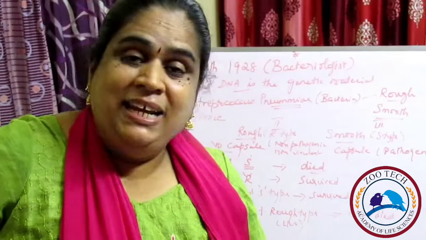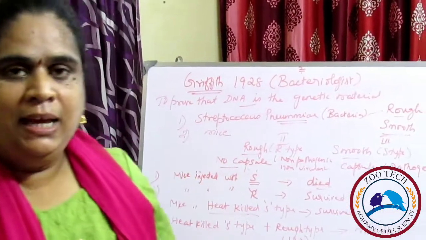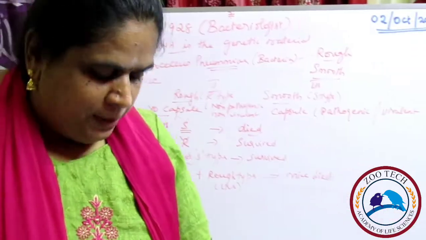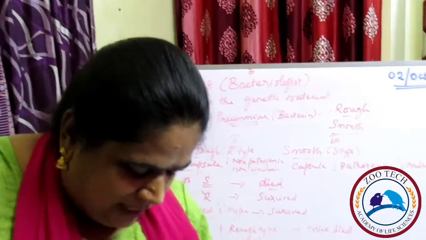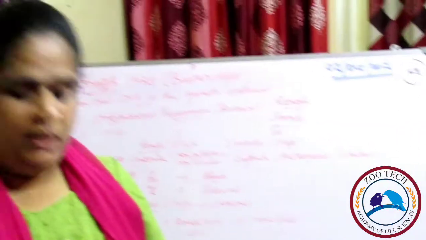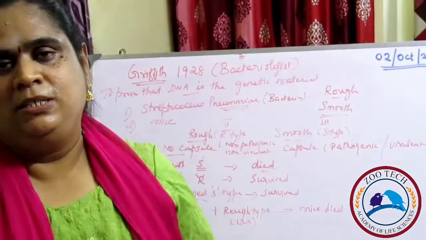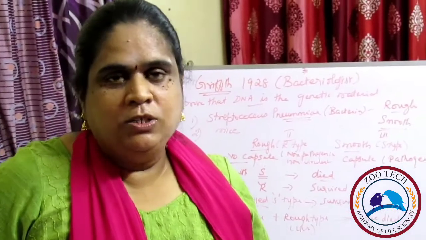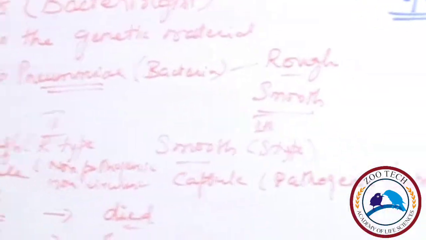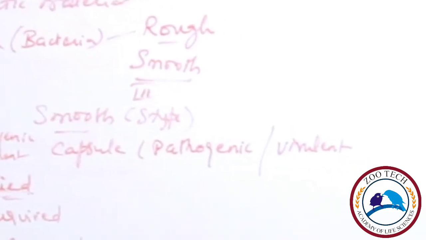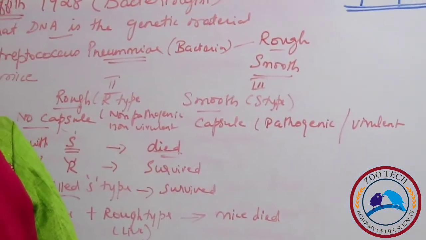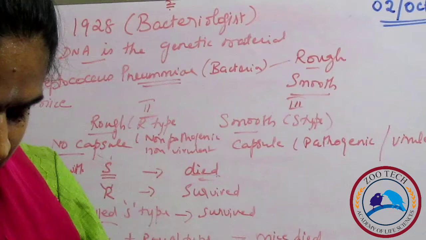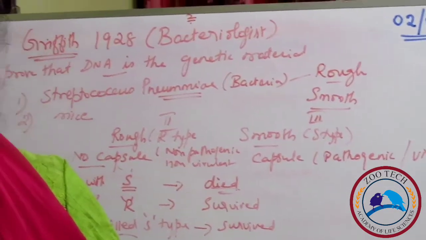The R strain inherited some transforming principle from the heat-killed S strain bacteria, which made them virulent.